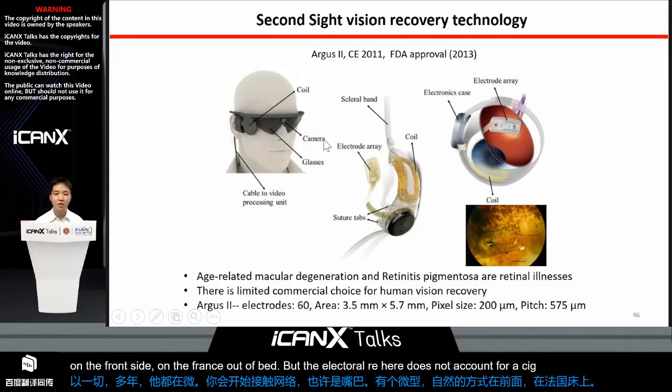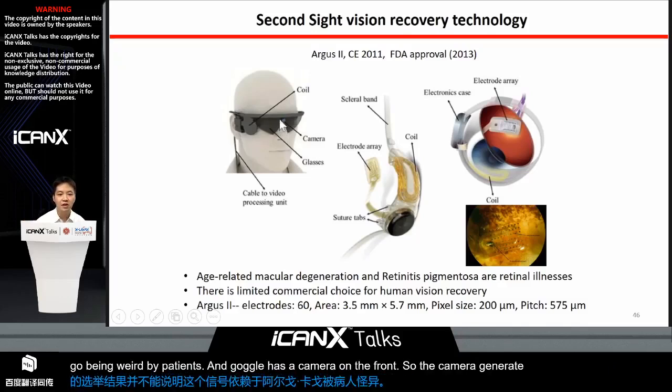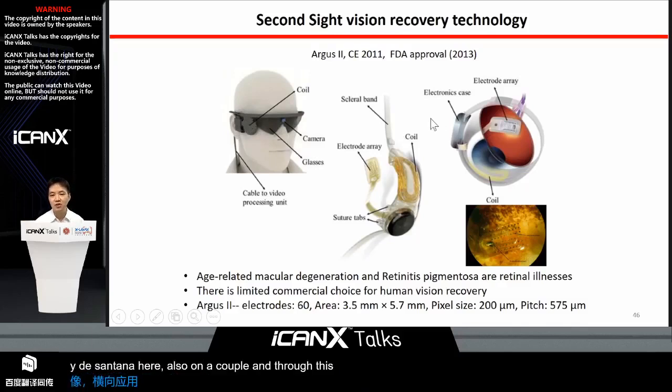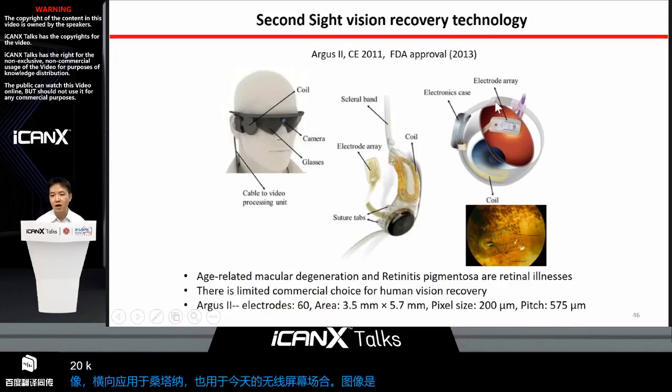It relies on the goggle worn by the patient. The goggle has a camera on the front side. The camera generates an image and transfers it to this wireless antenna, also on the goggle. Then through this wireless communication, the image signal is transferred to the electronic case wrapped around the eyeball, then goes to the metal electrode array.